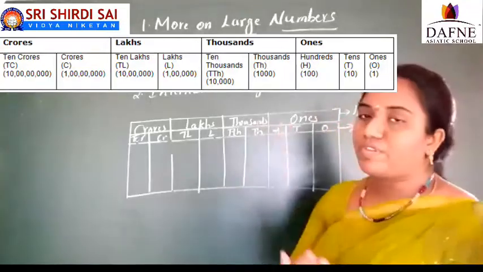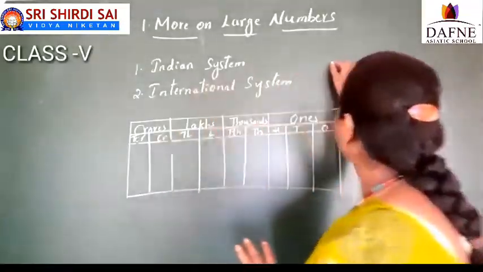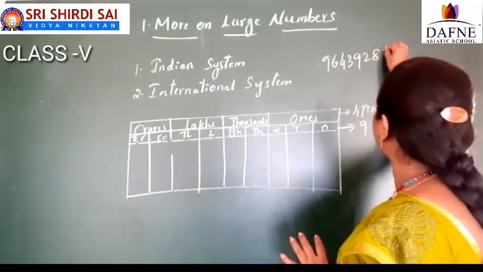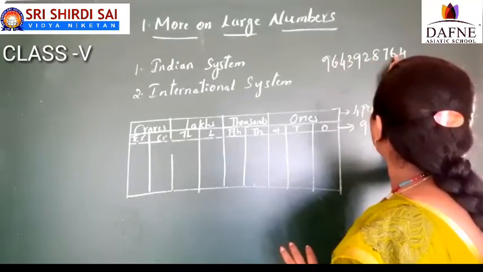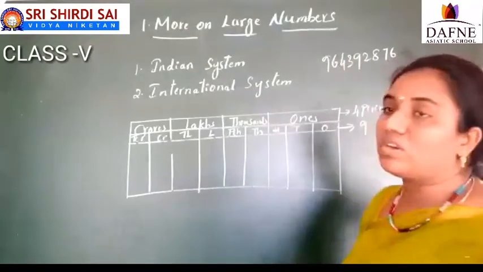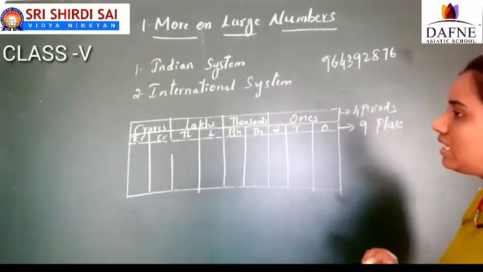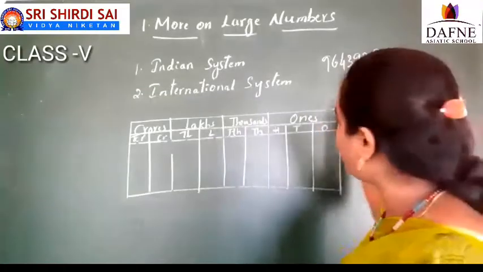Now suppose I want to write a number in this place value system, for example 9643928764. We have to start from the ones place. What is the ones place number? 6.